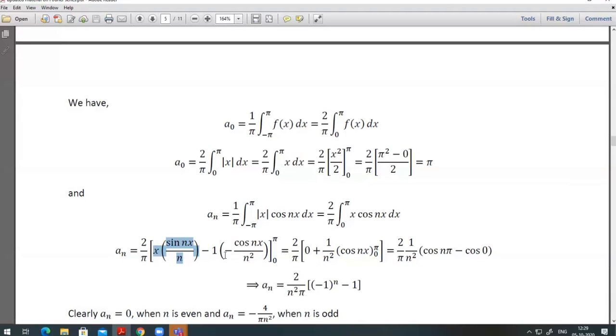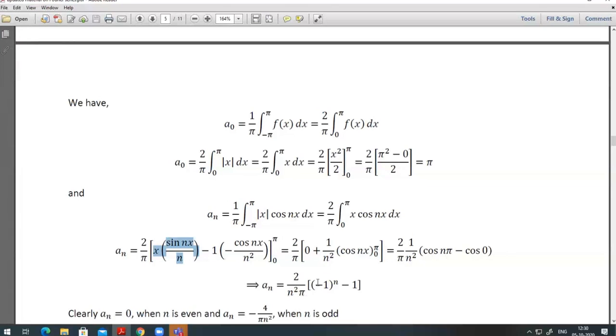Minus into minus gives plus 1 by n square cos nx, again 0 to pi, the limits are specified. So that becomes 2 by pi, and 1 by n square is constant. So upper limit cos n pi minus cos 0.